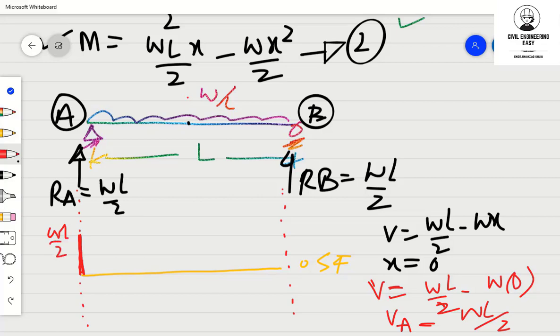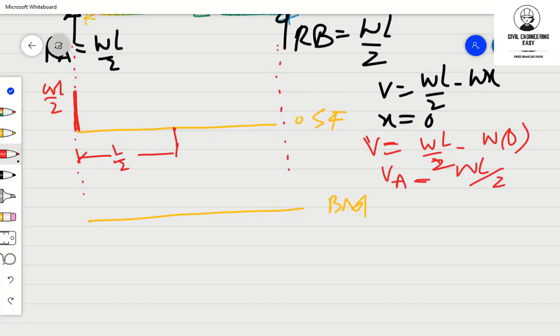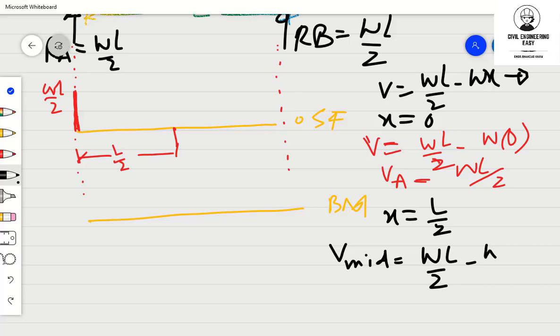Now we will find out the shear force at the mid-span of the beam, that is L by 2 from the face of the left support. So by putting the value of X equal to L by 2 in this shear force equation, we will get the shear force at mid of this beam, that will be equal to WL divided by 2 minus W, and the value of X is L divided by 2.